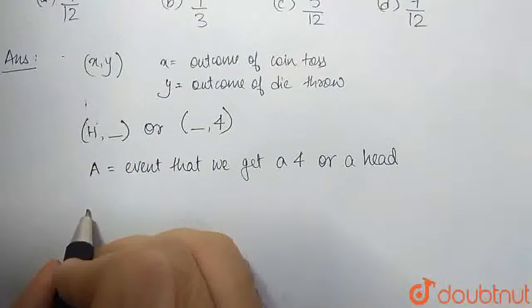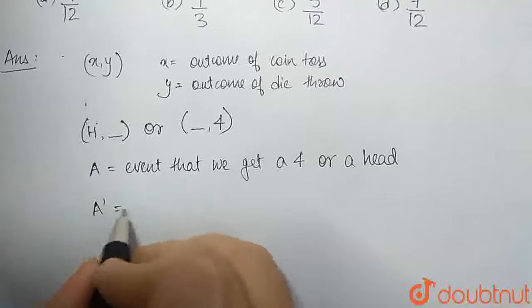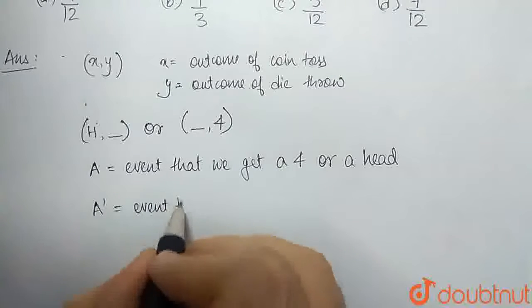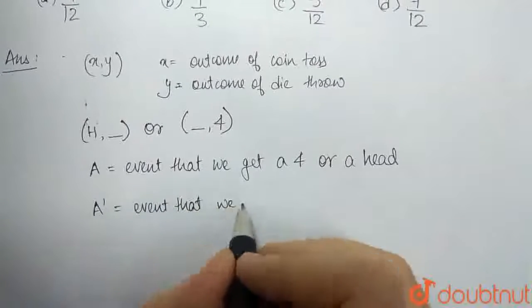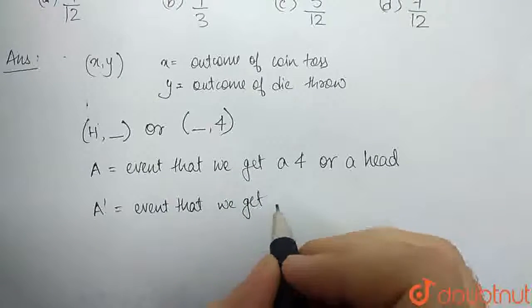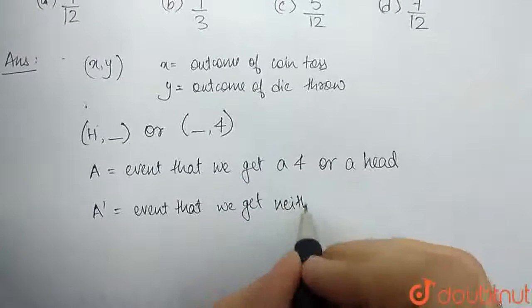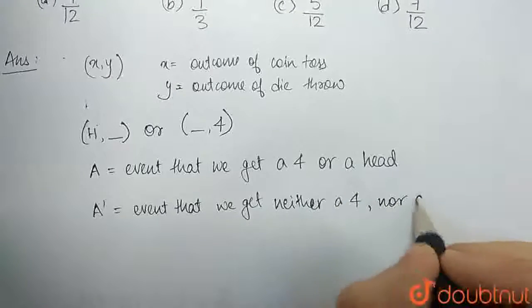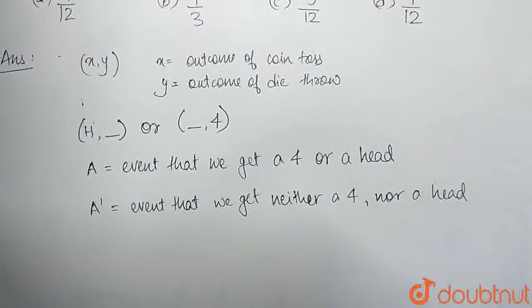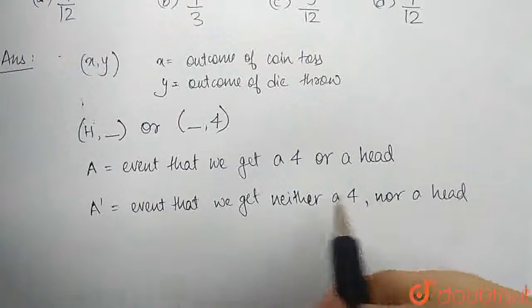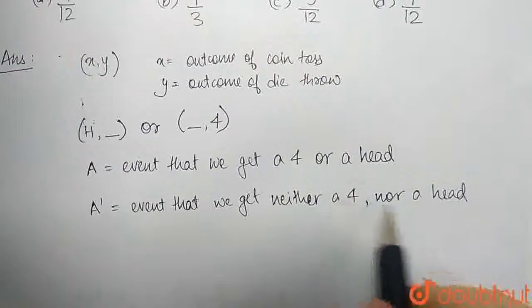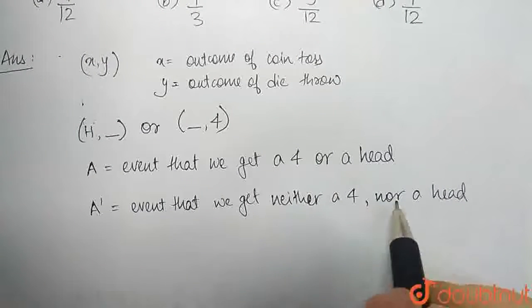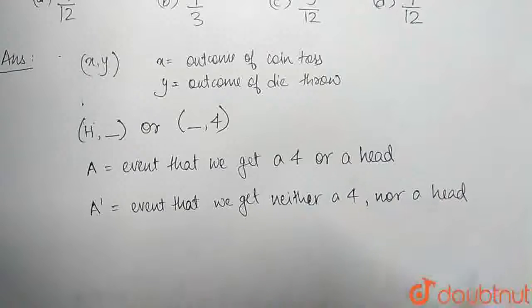Then A complement will be the event that we get neither a 4 nor a head, right? So the outcome doesn't have a 4, neither has a 4 nor does it have a head, right?